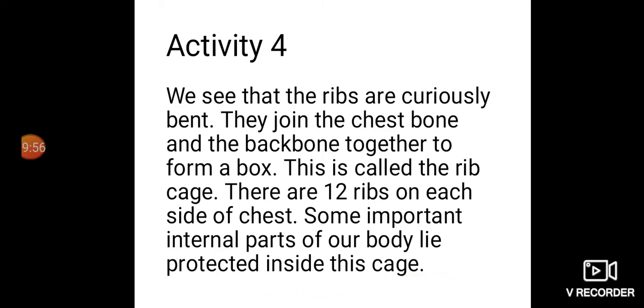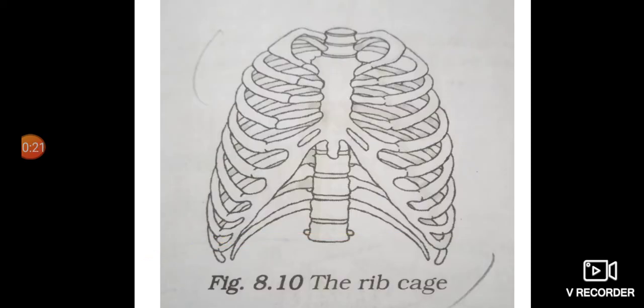Can you tell me which internal parts are protected inside this cage? The main organs are the heart and lungs. The rib cage protects these important organs.